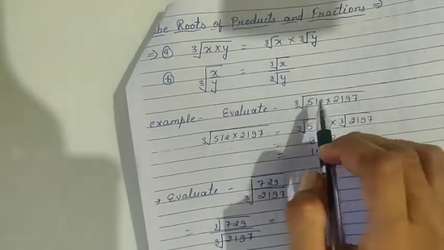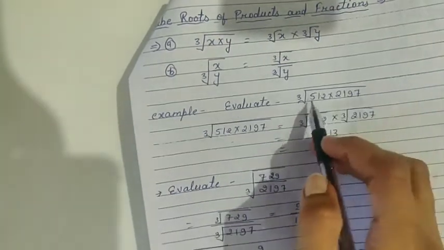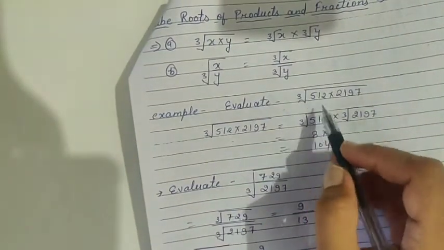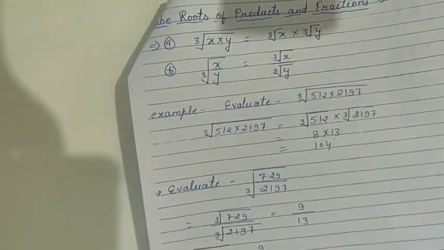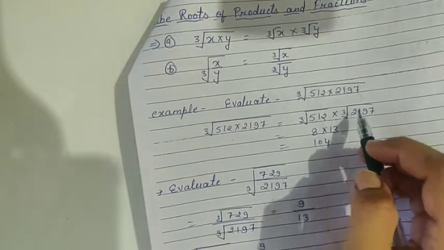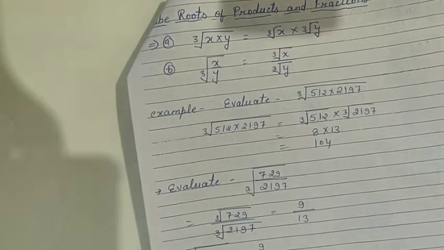2197. This is of the form cube root x into y. So this equals cube root of x into cube root of y. So cube root of 512 into cube root of 2197. Now we will find cube root of 512 and 2197 by prime factorization method.